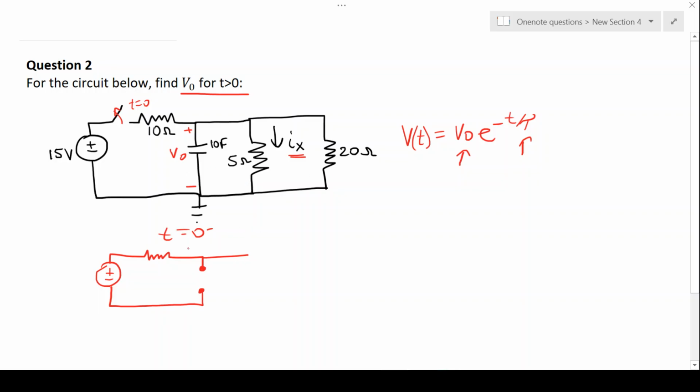We're looking for the voltage V0. So we can put these two resistors in parallel because they share two common nodes. That will give us 20 ohms in parallel with 5 ohms, and this should give you 4 ohms.